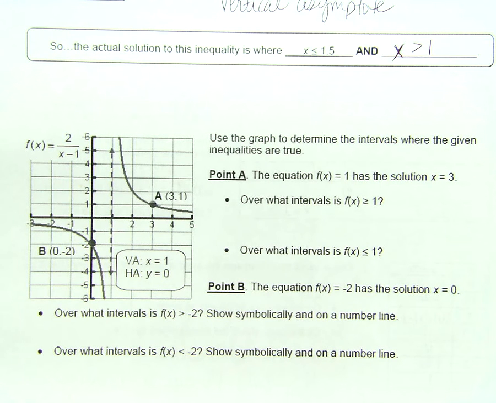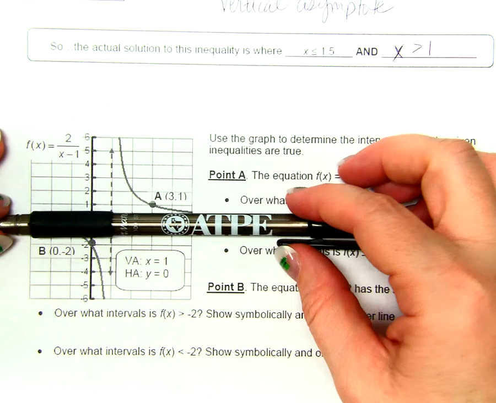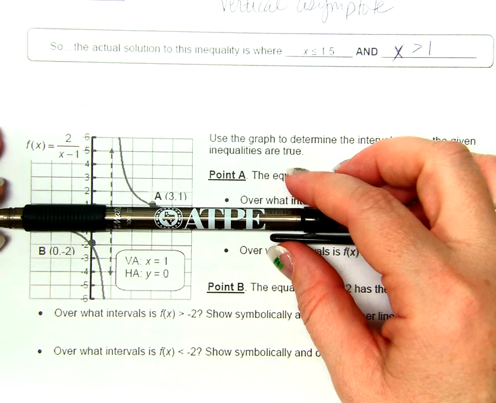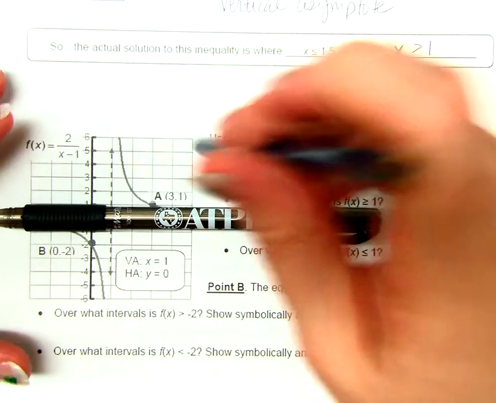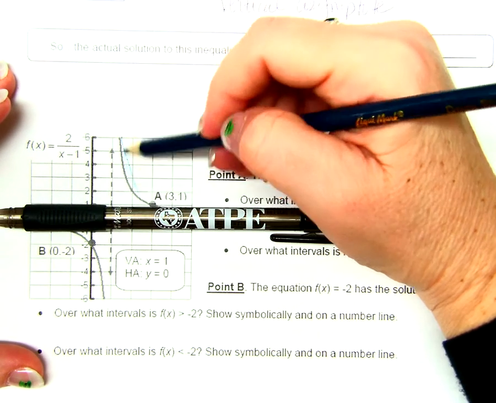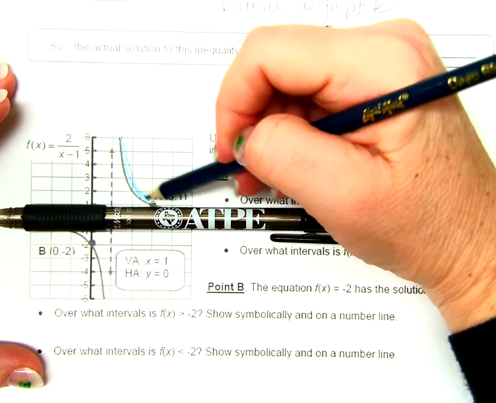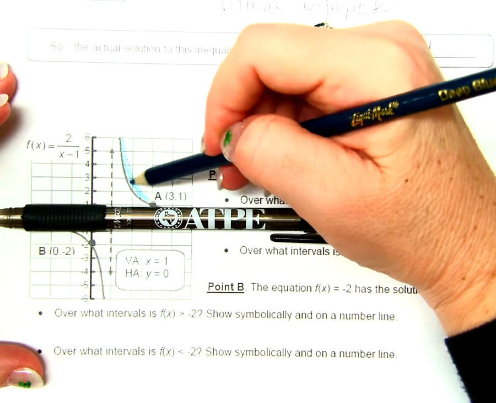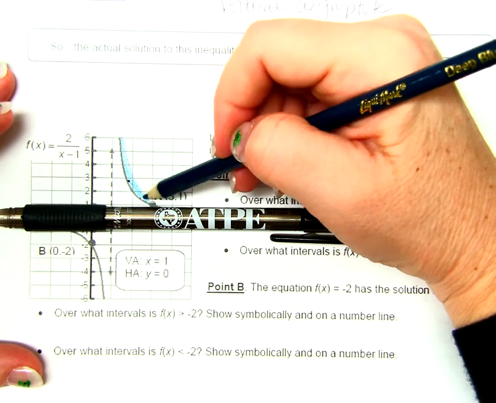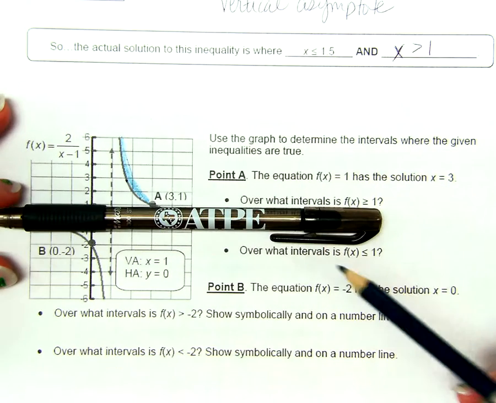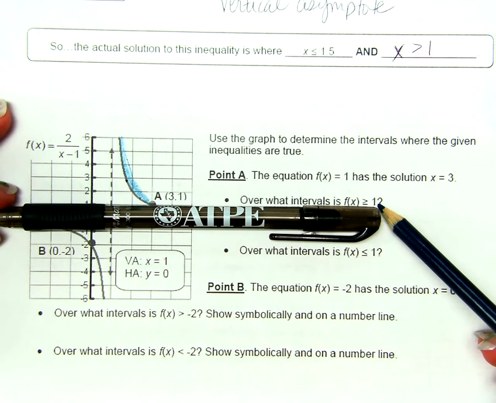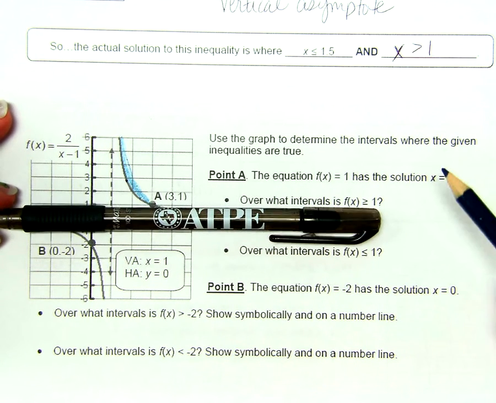So if we're talking about the y values, those are the y values, where is this function greater than or equal to 1? Isn't it like right here? Do you see that that is the only part of this function that's greater than a y value of 1? Greater than or equal, I guess.